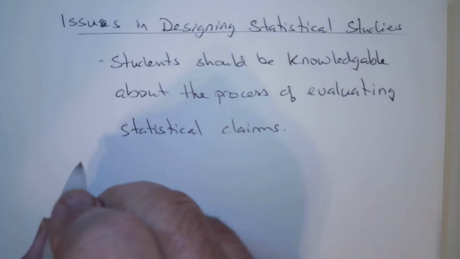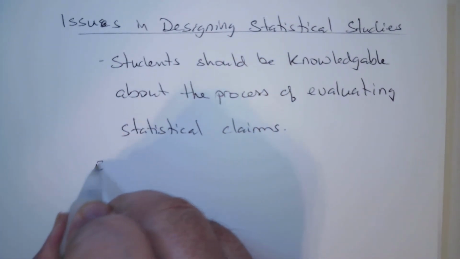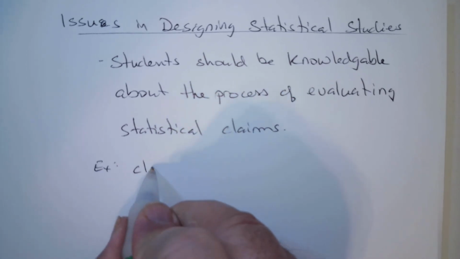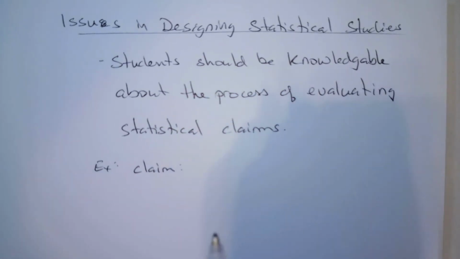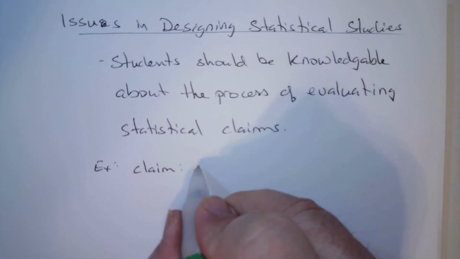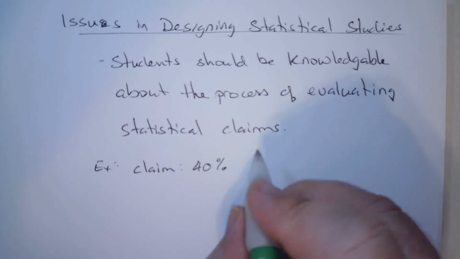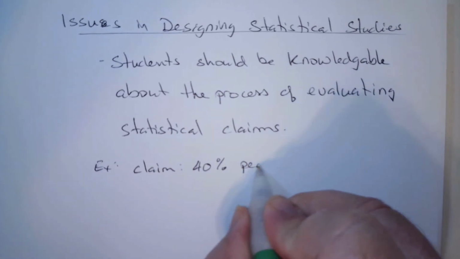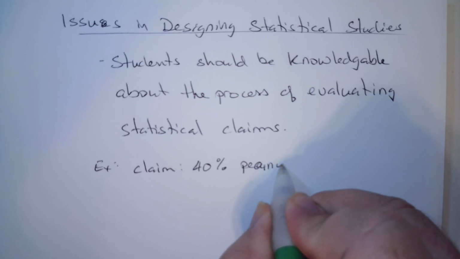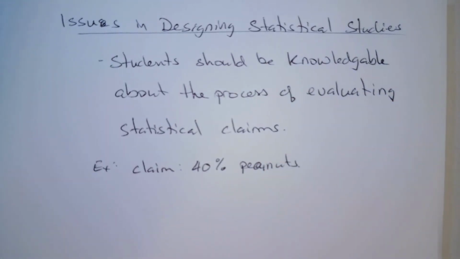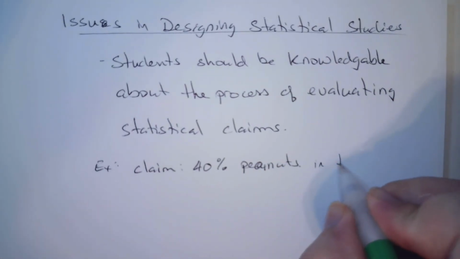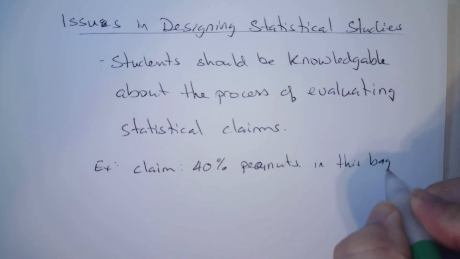For example, there's a claim on a candy box: 40% peanuts in this bag.